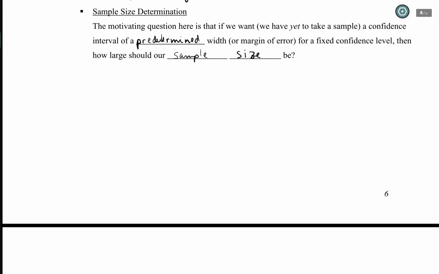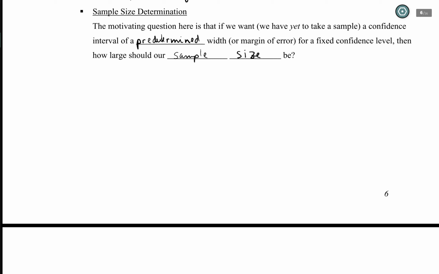We wanted it to be that tight, and so that would mean the margin of error is 1 year. If we force that constraint on it, and we had a 95% confidence level, say, the sample size determination allows me to figure out how large my sample size needs to be in order to have a width that narrow and also to maintain that confidence level.